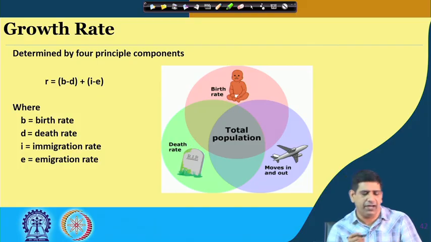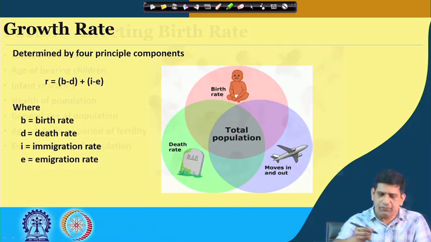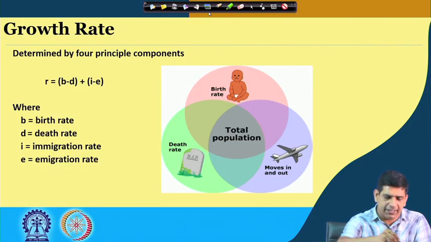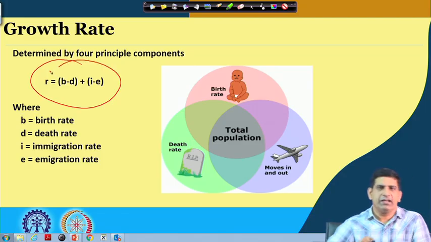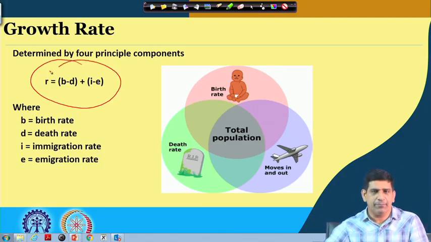So when we talk about R, it is defined as B minus D plus I minus E, which is pretty obvious if you just think about it from common sense. B is the birth rate, D is the death rate. So B minus D, a mass balance actually.